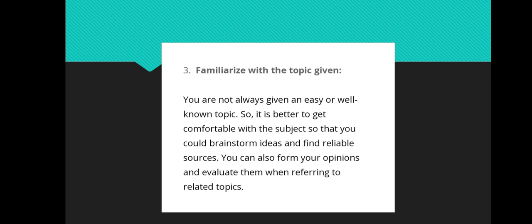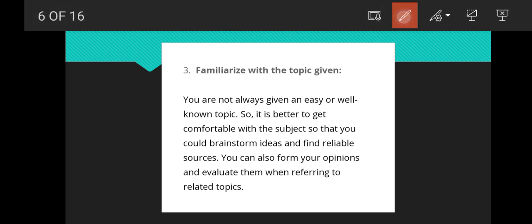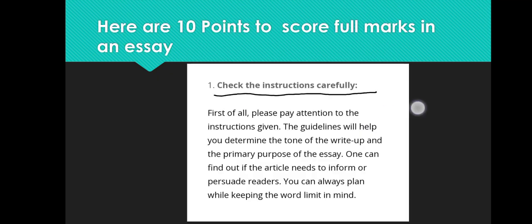You can also form your opinions and evaluate them when referring to that topic. You will not always get the very easy topic, so you have to be comfortable with vocabularies and new words, so you do not commit any mistake and do not face any problem while writing. You have to be well versed with all the topics given to us. This was our third point, right?